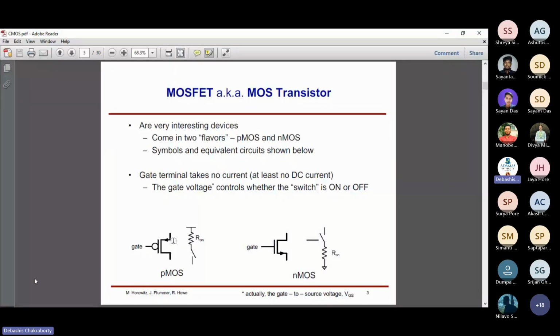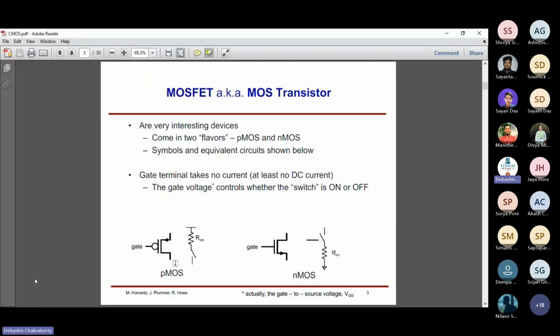Just like the NPN and PNP transistors have three terminals, the emitter, base, and collector, here we have the gate, drain, and source. The upper one, where the arrow is, is the drain, and the other is the source.